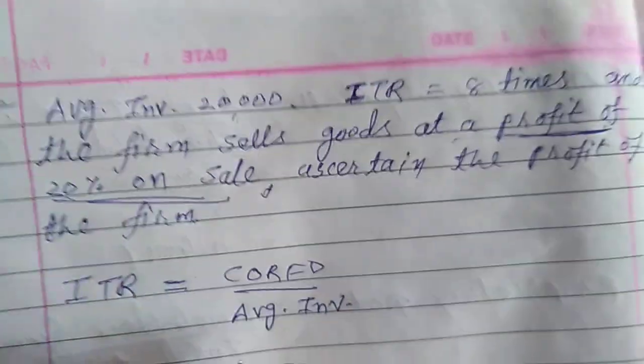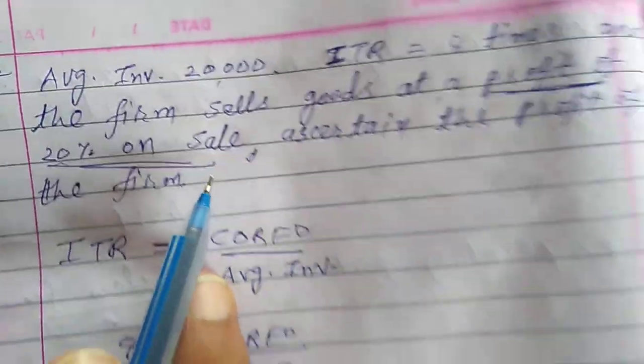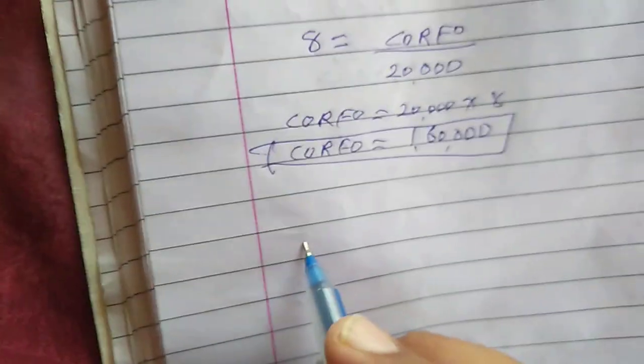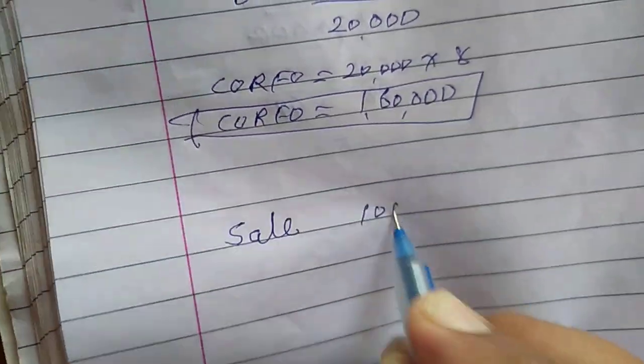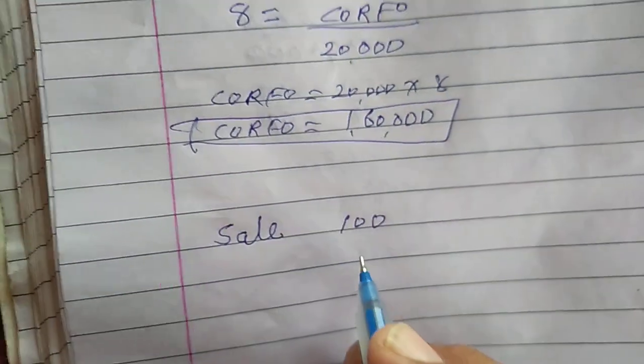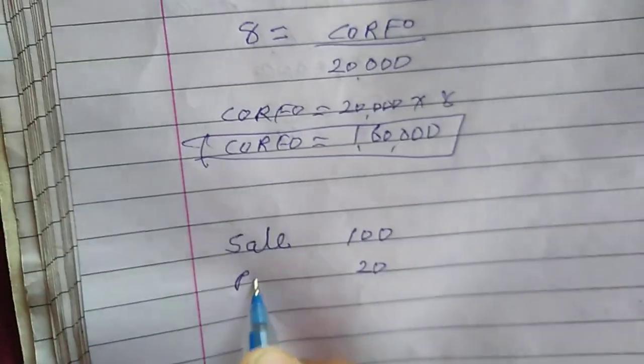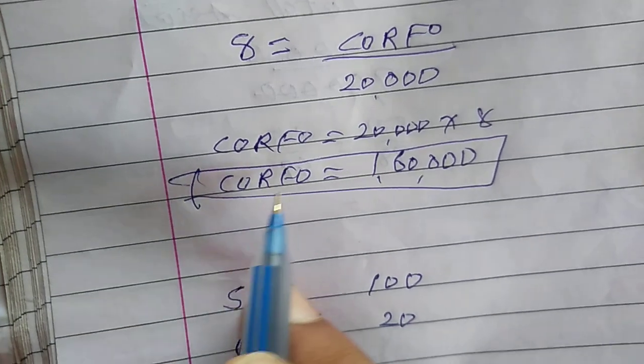Then how to find it? One thing is clearly mentioned: profit of 20% on sale. So we have to suppose the selling price. Suppose sales is 100 and profit is 20. From that can we find the cost?